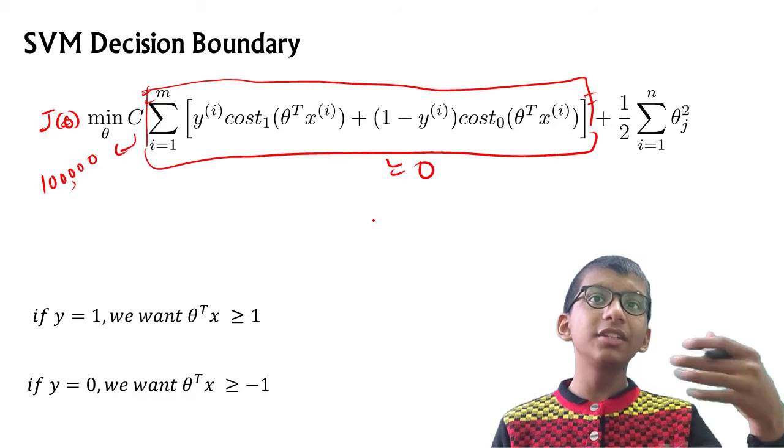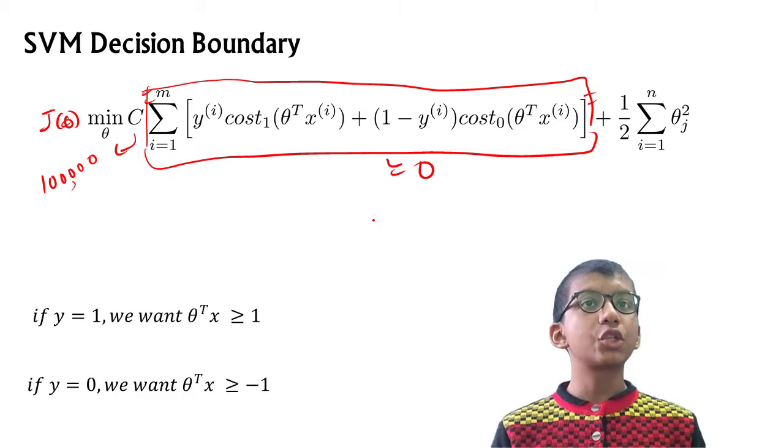So we have to choose theta parameters such that it equals 0.